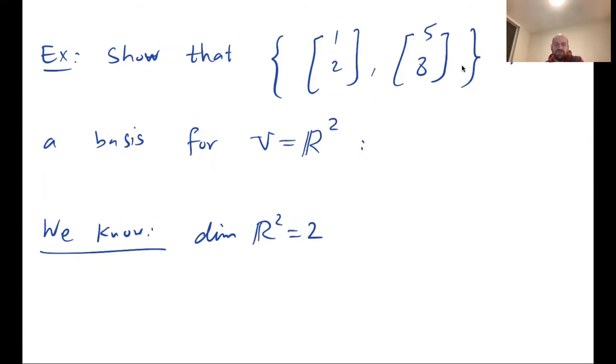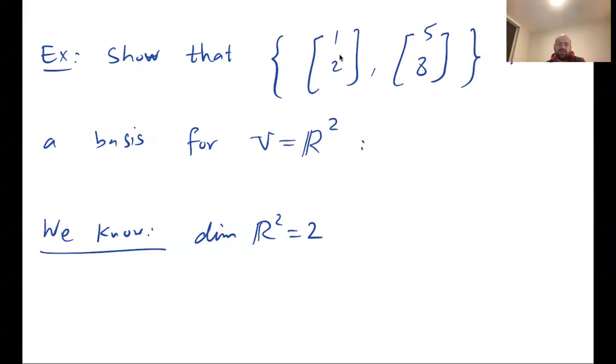If this was 3, for example, then the numbers would not match. Or if you had two elements here but this was R3, the dimension of R3 is 3, and again the numbers would not have matched.